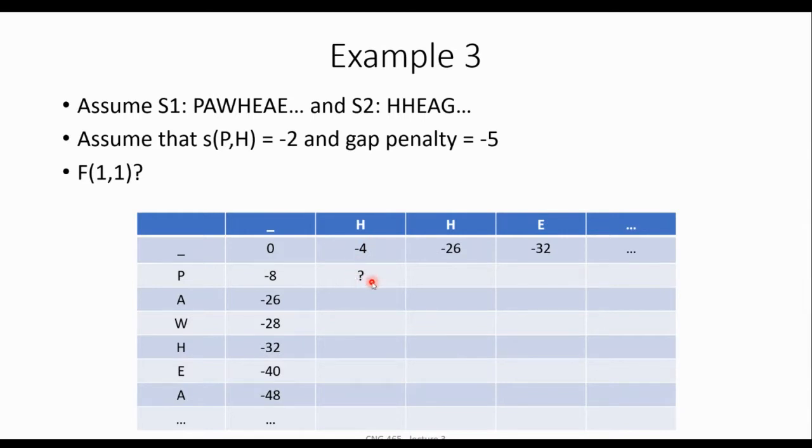As soon as you calculate this one, it would be easy to calculate this because I have the neighbors. See? The one above it, the one on the left side, and the one in the diagonal. Whenever you have such a case, you can fill the next cell. You reach the final answer for Fij here.